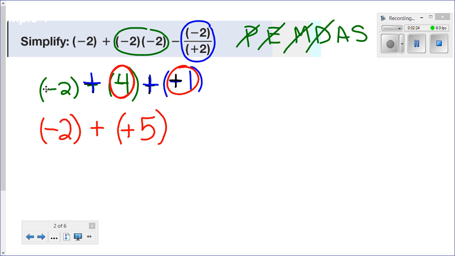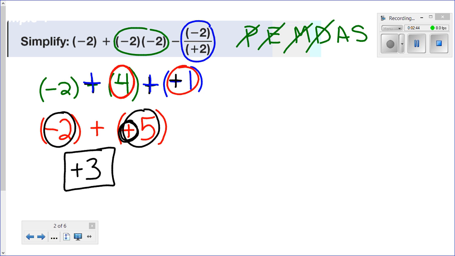We have a -2 and a +5 over here, and they are different signs. Okay, so when we have different signs, we are going to subtract, and we are going to get a 3, and that is going to give us a positive because our larger number is positive. So our solution was a +3.